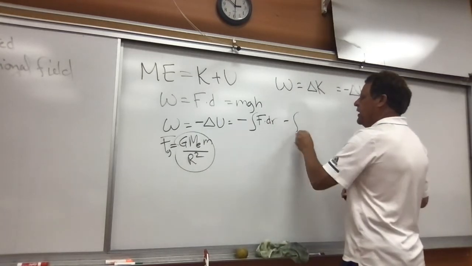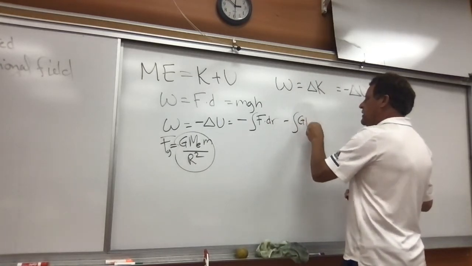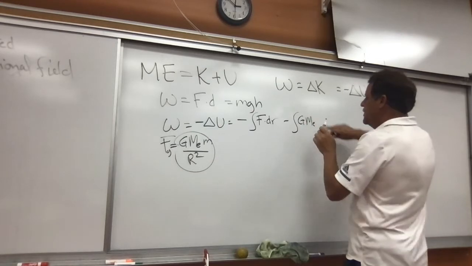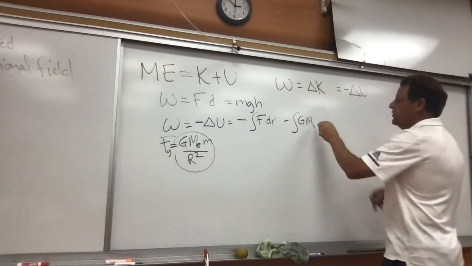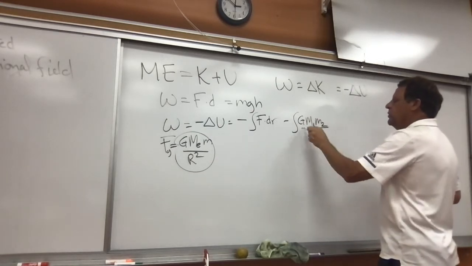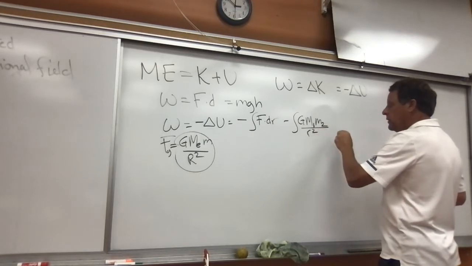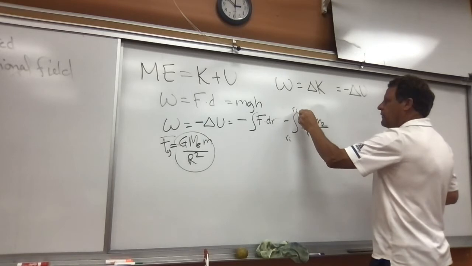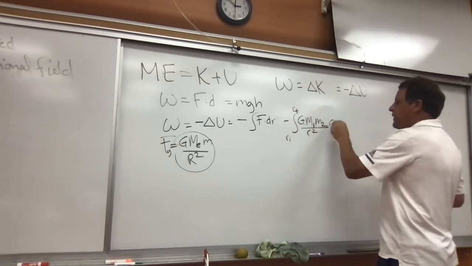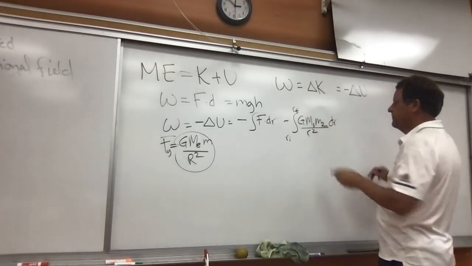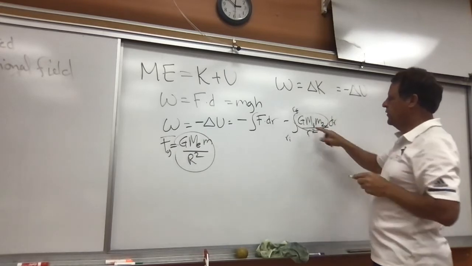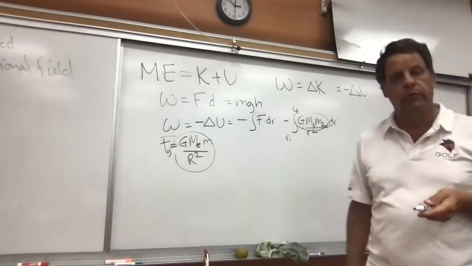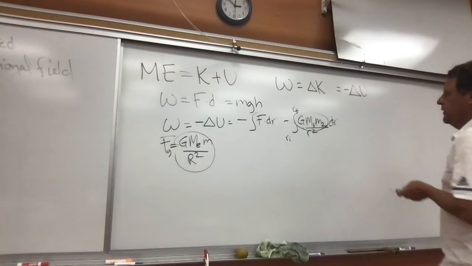We're going to take the negative integral of big G, mass of the Earth, which for now we can just call m1, m2, over r squared, going from r initial to r final, with dr. Those are all constants, so they can come out in front of the integral.